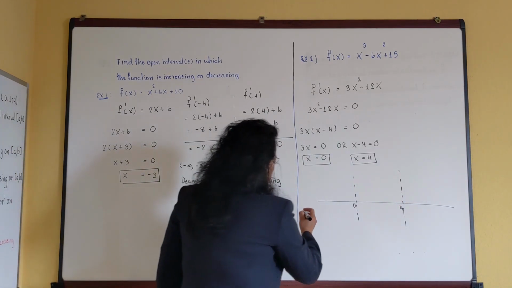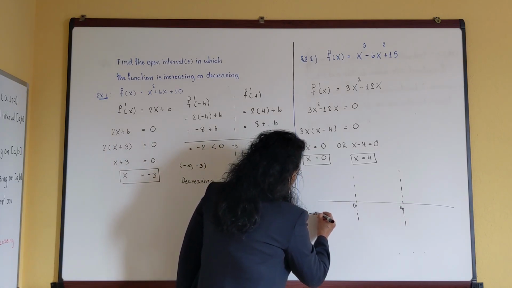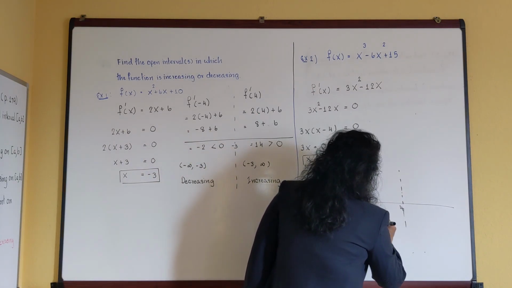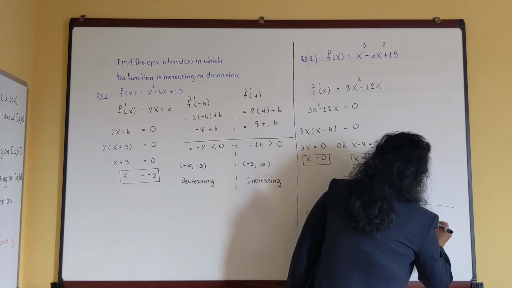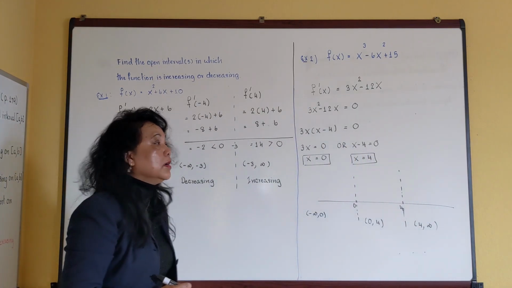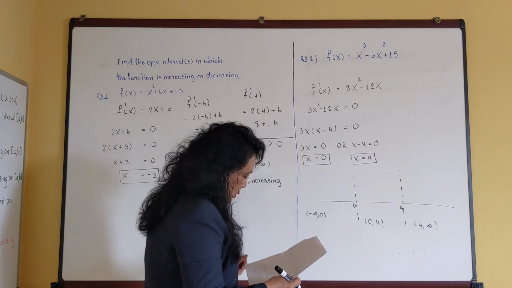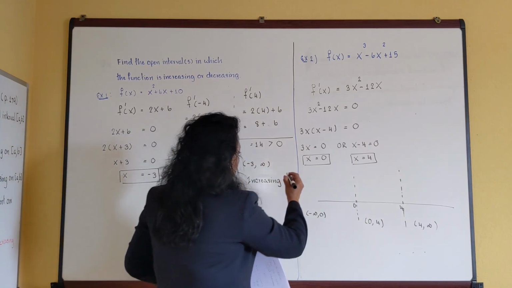The first region, the interval, is from negative infinity to 0. The second region is from 0 to 4. And the last one is from 4 to positive infinity. I'm going to pick a number within each interval. For the first region, I pick negative 1.